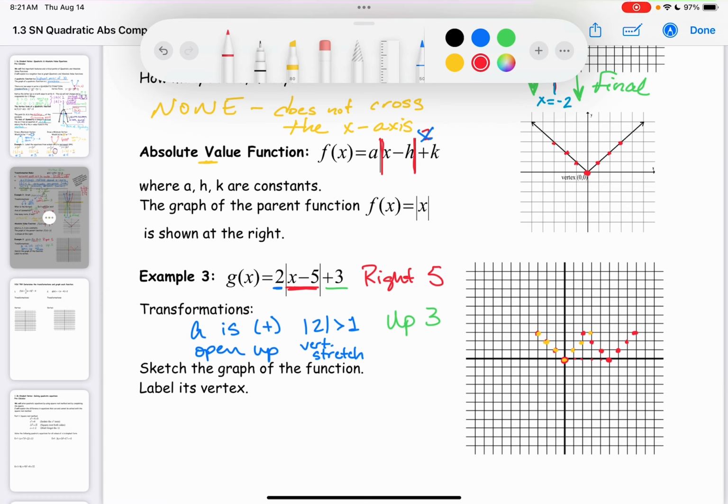Next, we need to look at our A value. It's going to open up, but we've got this vertical stretch happening. So what that means is we're going to get narrower, okay? So just using our original points here for an absolute value function, just to show you, if I plugged in a 0, I get out a 0. If I plugged in a 1, I would normally get out a 1, but now this is my function.